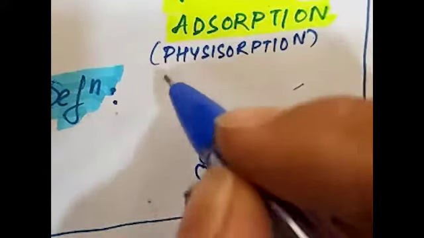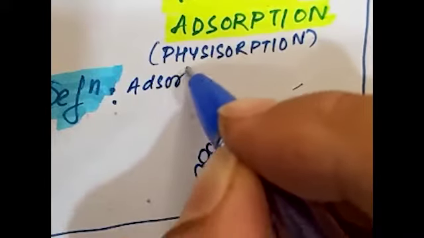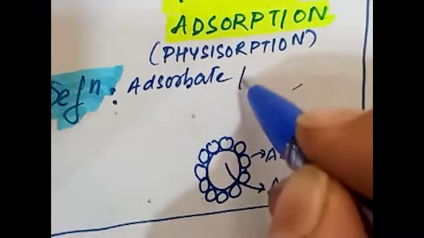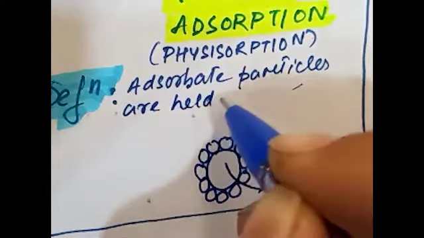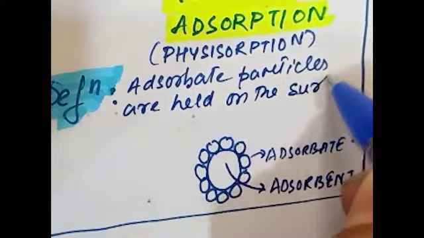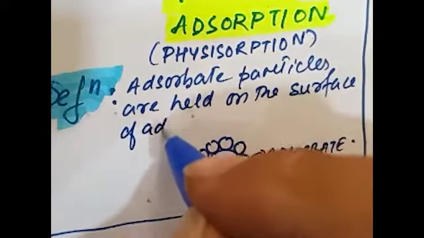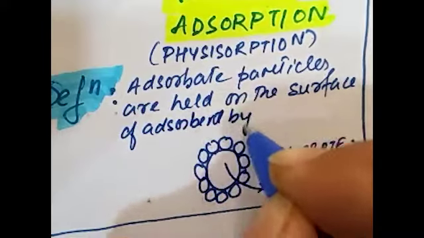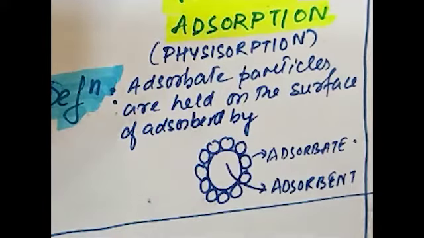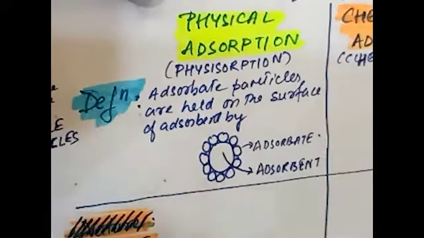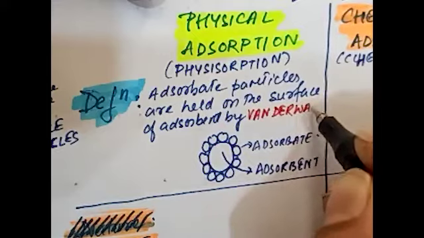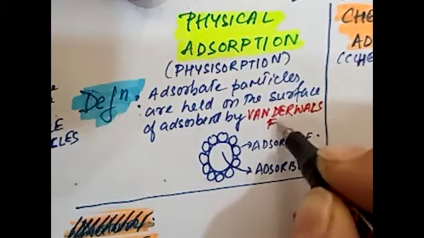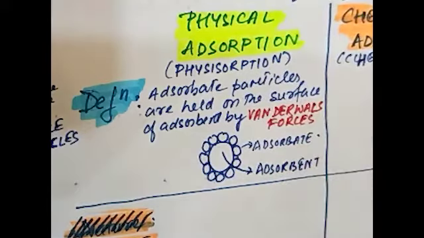So what I'll write is: adsorbate particles are held on the surface of adsorbent by van der Waals forces. ठीक है, they are held together by van der Waals forces. This is physical adsorption.